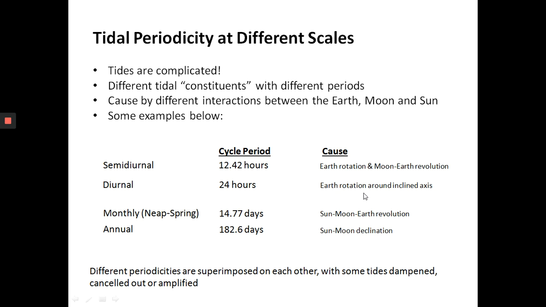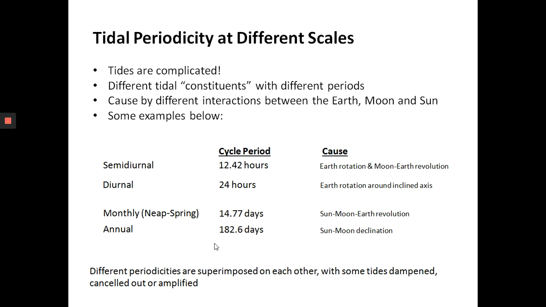It is caused by Earth rotation around an inclined axis. You can also get monthly tidal cycles with a cycle period of 14.77 days, so-called mid-spring cycles, and they occur because of interaction between the sun, the moon, and the earth. You can also even have annual cycles with a tidal cycle completing every 182.6 days, and that is caused by a sun-moon declination.